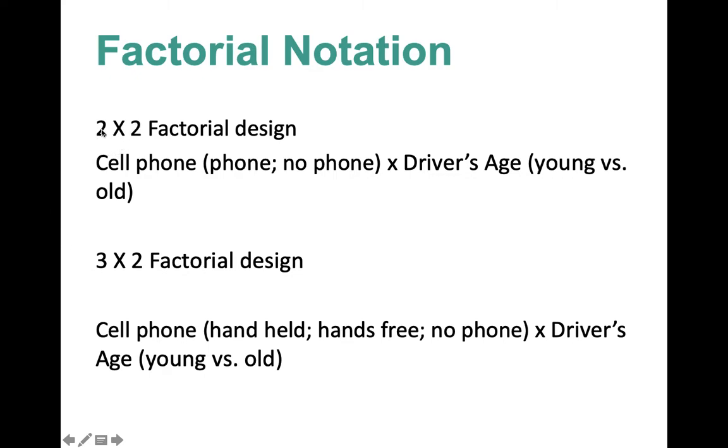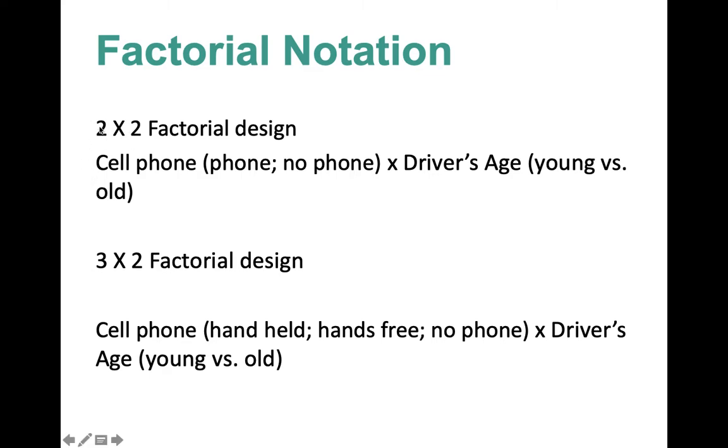That we have two numbers separated by the x tells us the number of IVs that we have, the number of independent variables. The numbers of each tell you the number of levels of each of the IV.